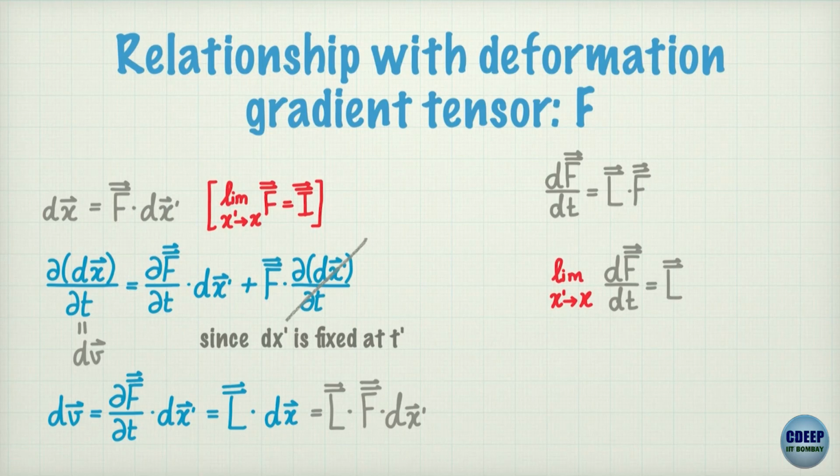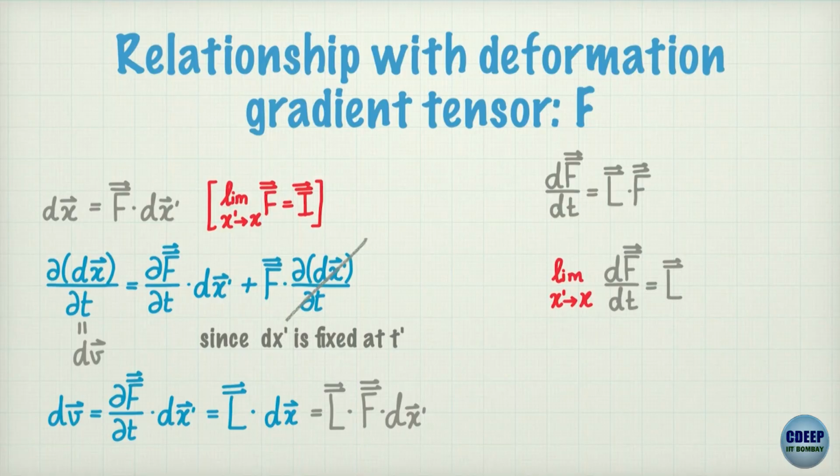Again, this is one of those derivations which help you understand, but it is not expected that you will be able to do these derivations on the fly. So, if you see here, we start with the definition of F, which was dx is equal to F dot dx', right, and take a derivative with respect to time on both sides, right. So, the time derivative of dx is nothing but the velocity vector. On the right hand side, because you have two terms, you can apply the product rule.